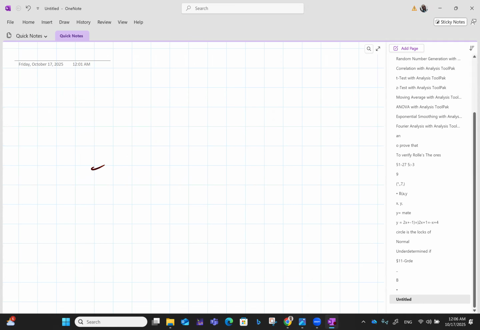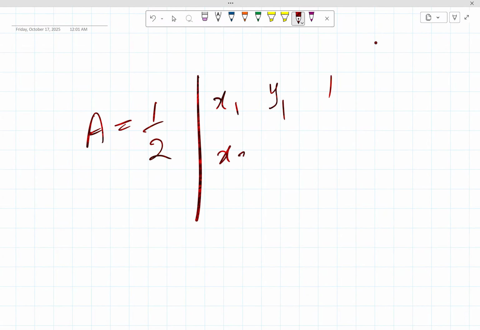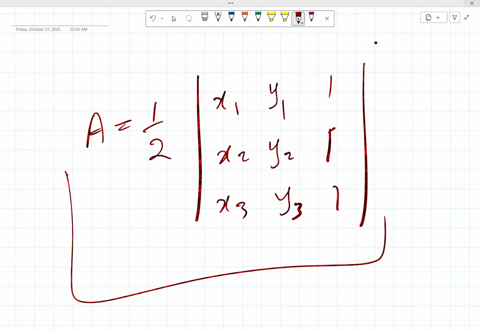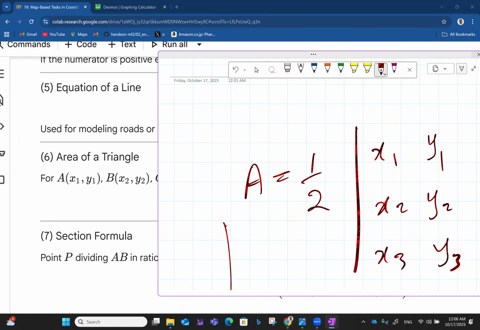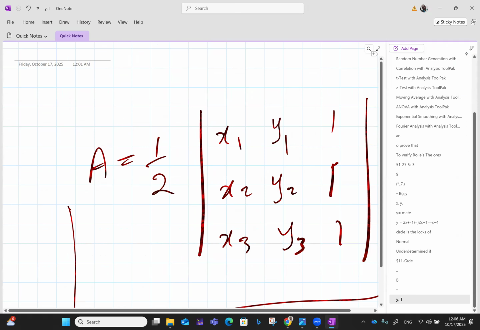The area is half the determinant of the matrix with rows (x1, y1, 1), (x2, y2, 1), (x3, y3, 1). By evaluating this, we get the area of that triangle based on all the coordinates.